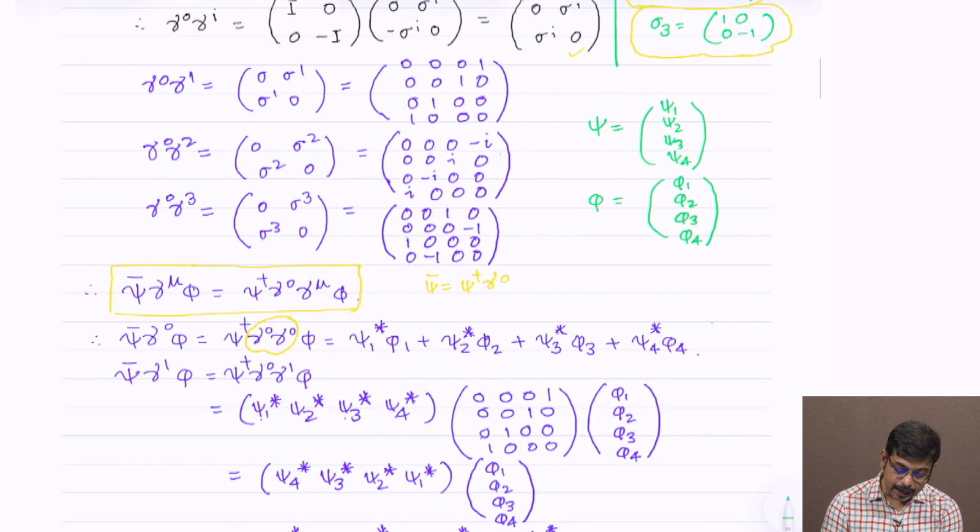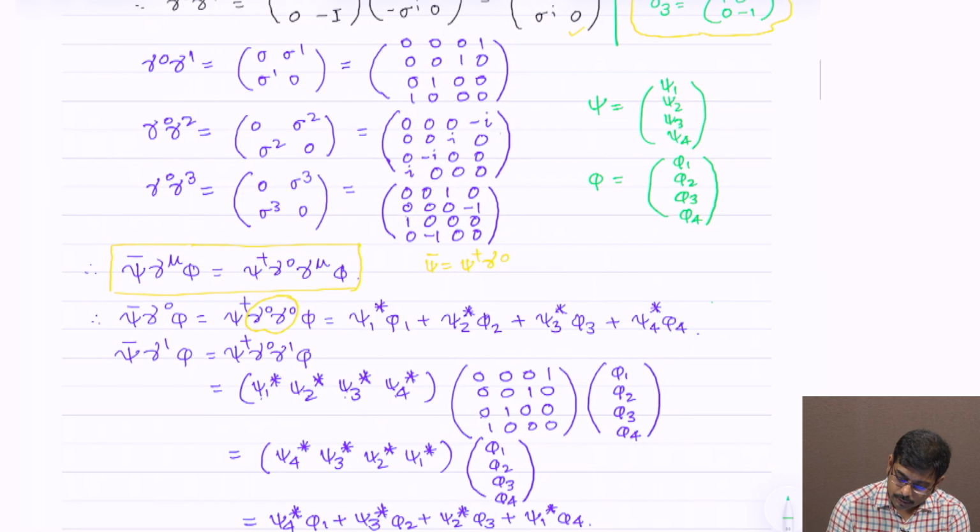Therefore, psi dagger phi will be simply matrix multiplication, and that will give you psi 1 star phi 1, because psi dagger will be what? Psi dagger is essentially psi 1 star, psi 2 star, psi 3 star, psi 4 star, correct.